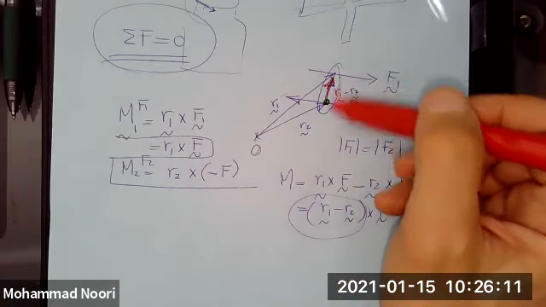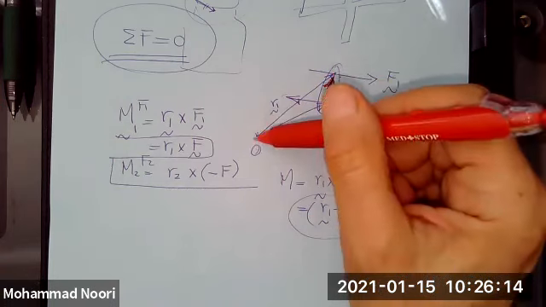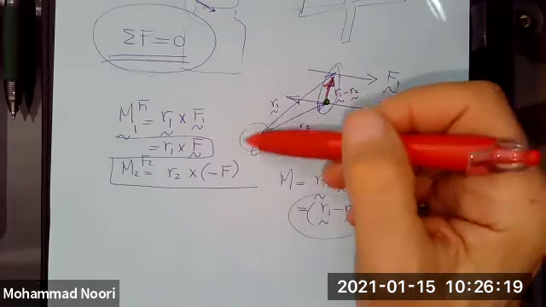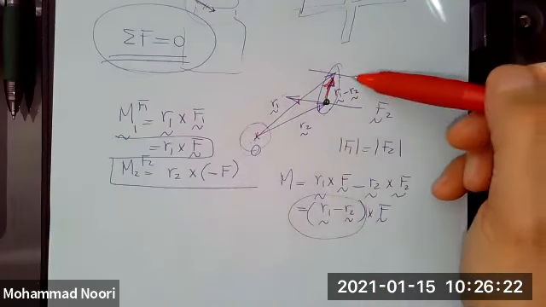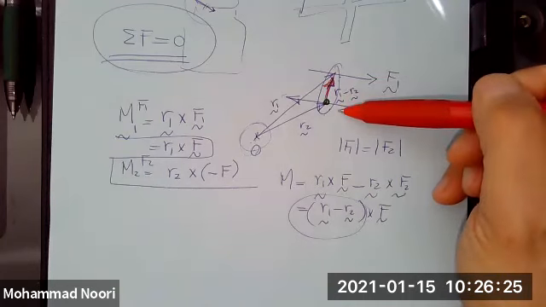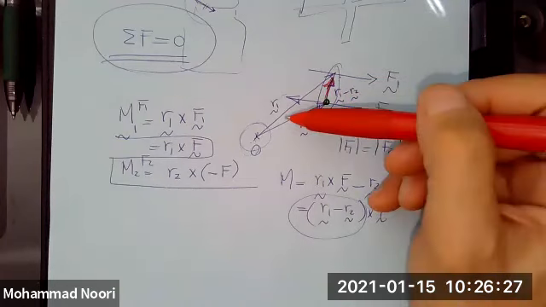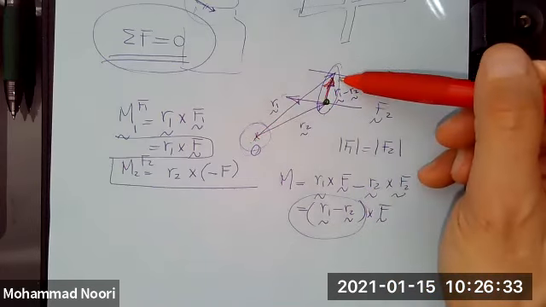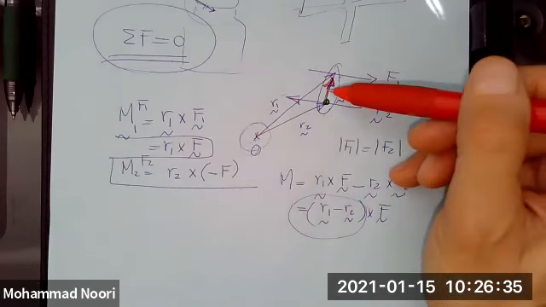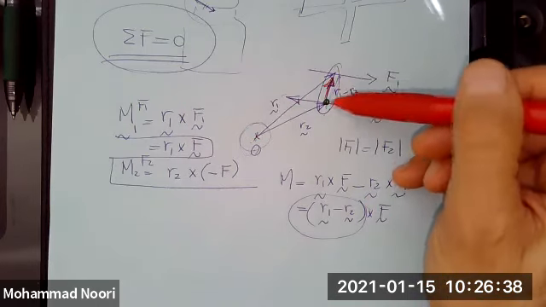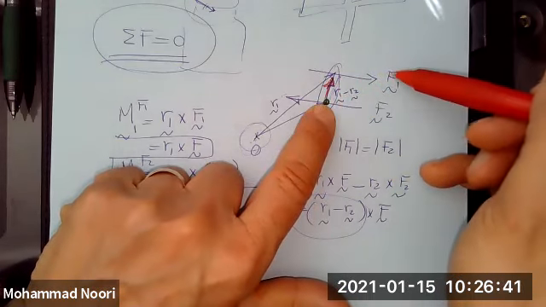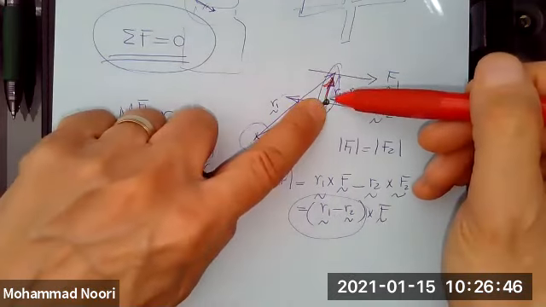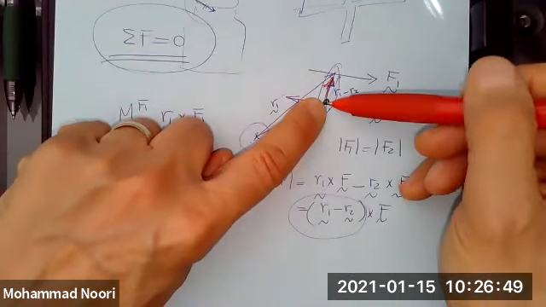That means the moment of these two forces about an arbitrary point has nothing to do with the location of this point, it is independent of this point. That is, the moment that these two forces generate is independent of the location of the point. It only depends on the magnitude of these forces and the vertical distance between them, because what R1 minus R2 cross F means is that you're taking the moment of this force about this point.